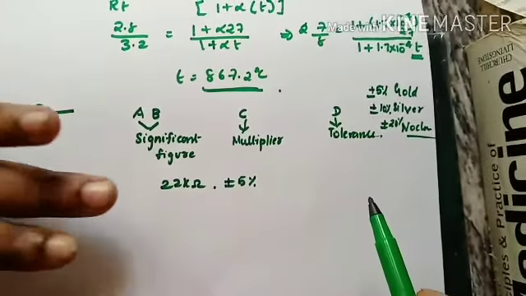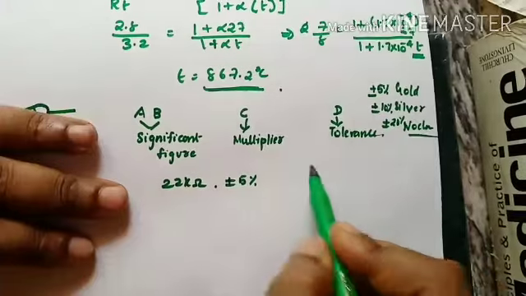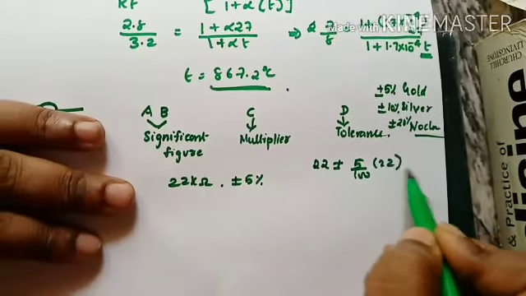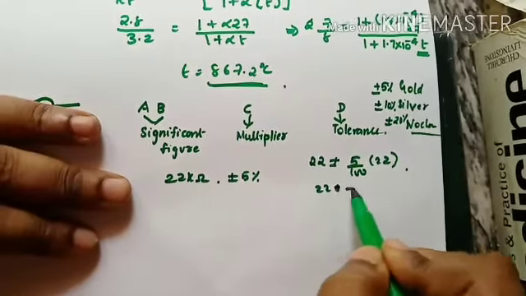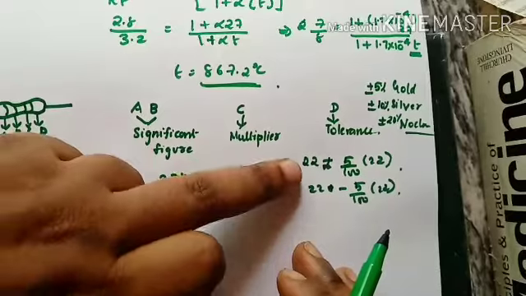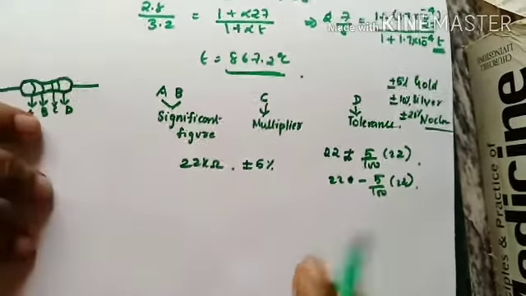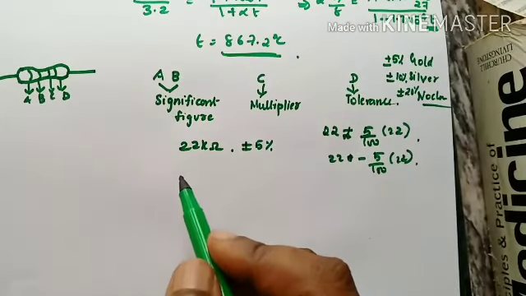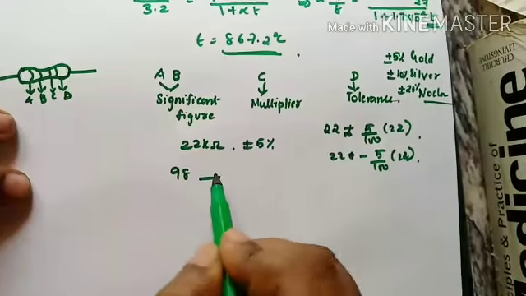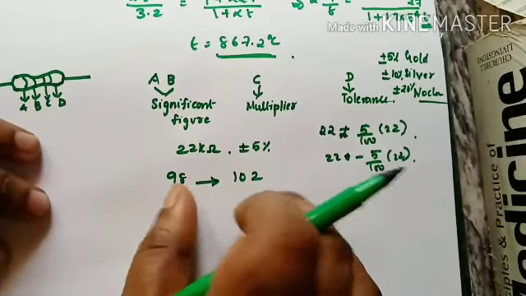That indicates that the resistance value can be 22 plus 5% of 22, or 22 minus 5% of 22. In layman's language, if you consider a 100 ohm resistance, it can vary between, suppose, 98 to 102. This much is the limit of that resistance.